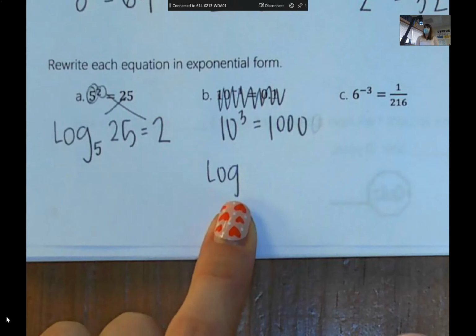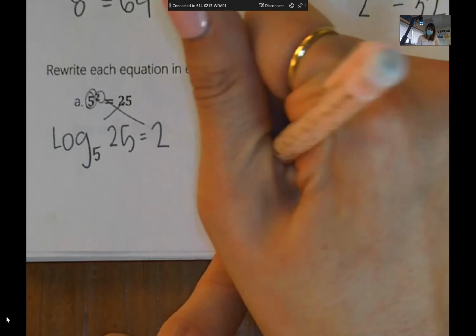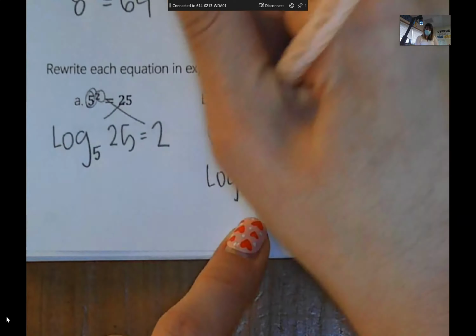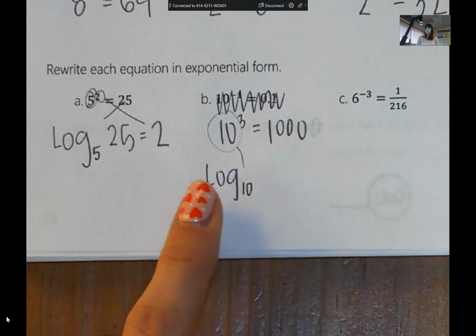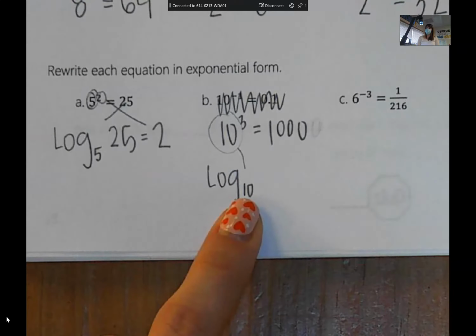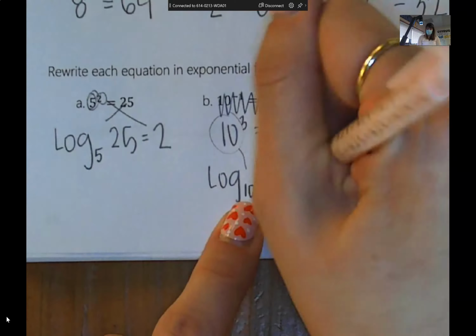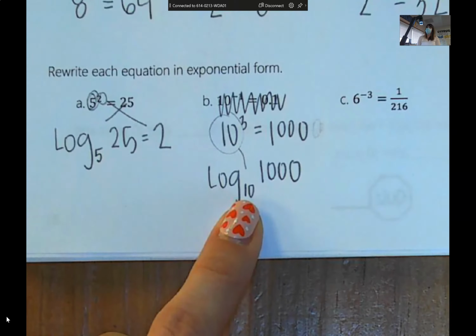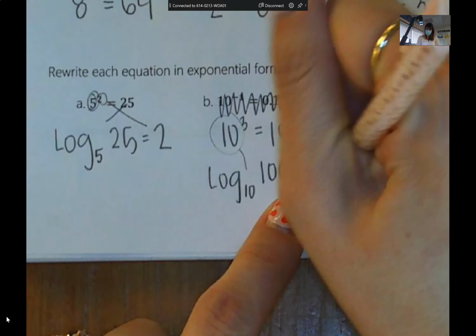What number do I write as the base on the tail? 10. So you bring this number straight down. Then crisscross. Log base 10 of 1,000 equals what? 3.